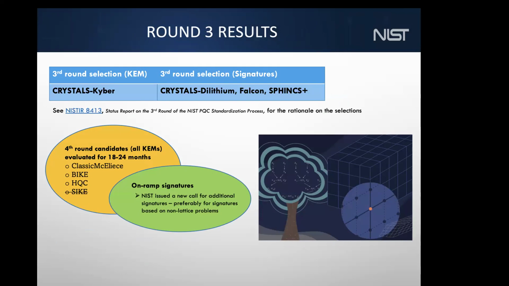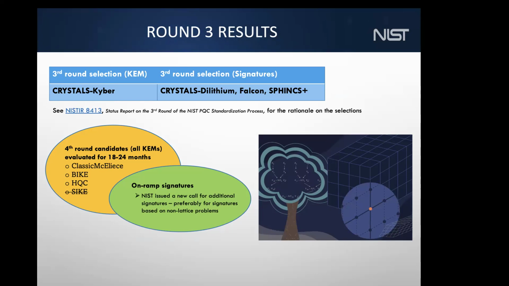The first of these was Crystals-Kyber, which is what's called a key encapsulation mechanism. Equivalently, this is a public key encryption algorithm. On the digital signature side, we selected 3 algorithms for standardization. These were Crystals-Dilithium, Falcon, and SPHINCS+. Again, if you want details as to why these were the ones in particular that were selected, I'd point you to the report, NIST 8413, to explain all that.